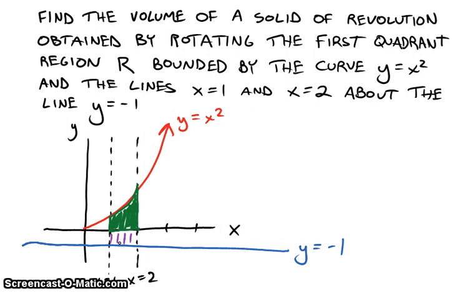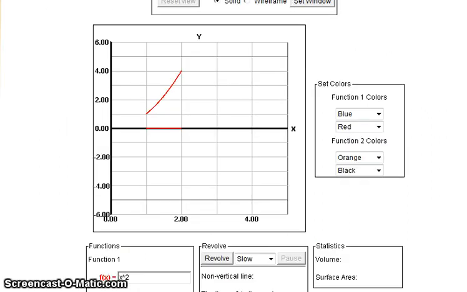So this shape is going to be kind of hollow. It's going to have a hole going right through it. It's going to be kind of donut-ish. And we can still find the volume of this shape. We can watch an animation here to try to get a visual of what this shape is going to look like.